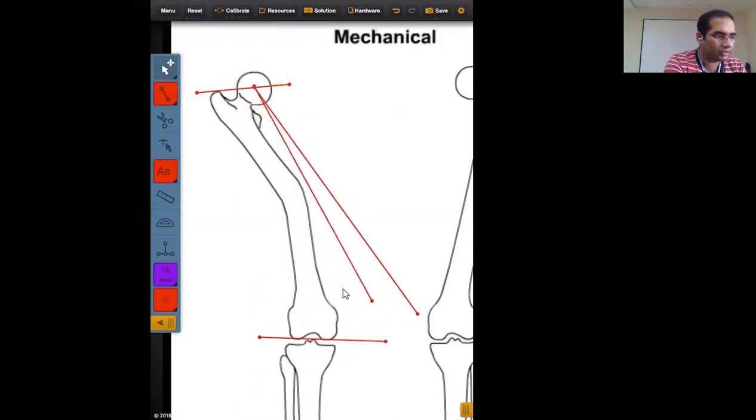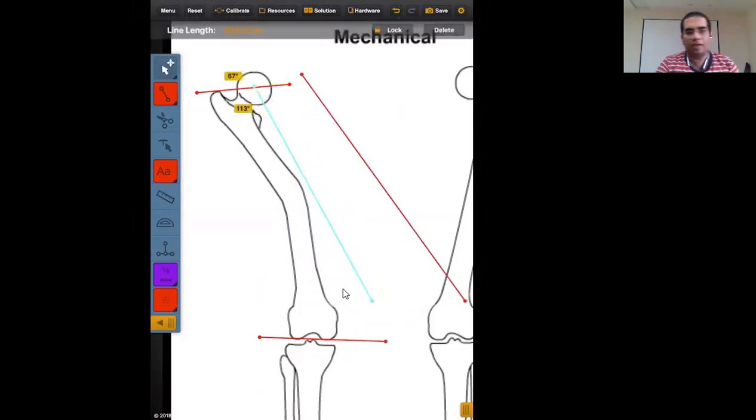Look what has happened over here. When I have drawn the mechanical axis reference of the proximal hip, look what the lateral proximal femoral angle is. It's 113 degrees. The normal is 90 degrees. It has told me that there is a difference in the neck shaft angle. The joint orientation of the proximal femur, of the hip joint, is not normal.